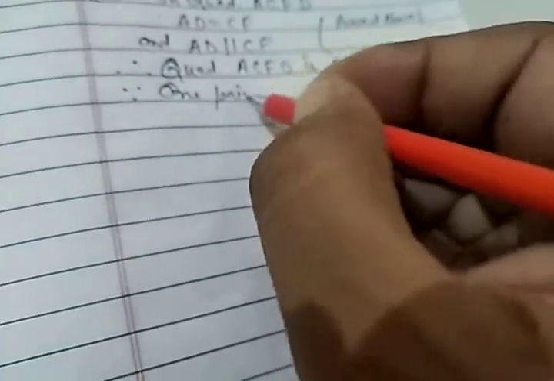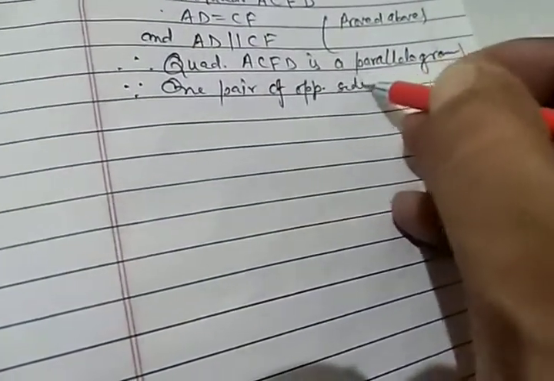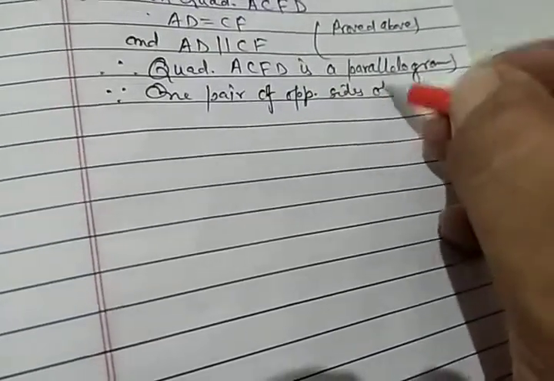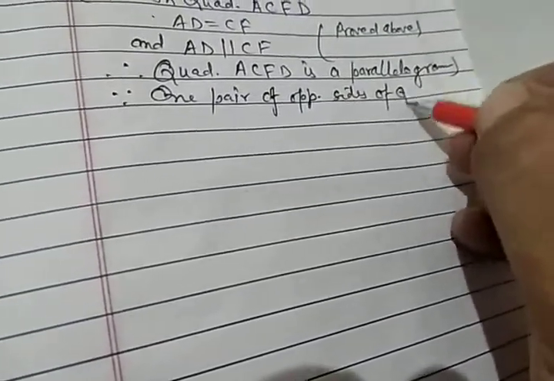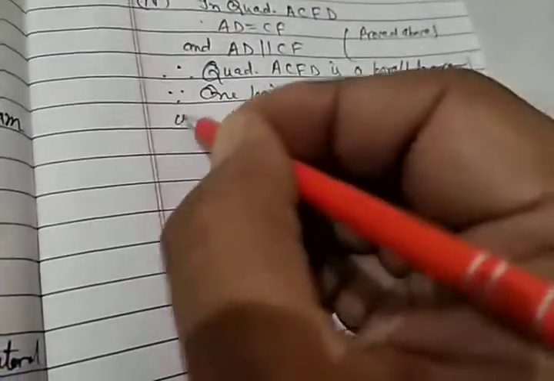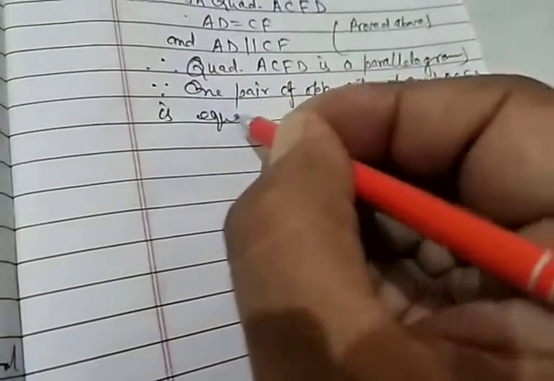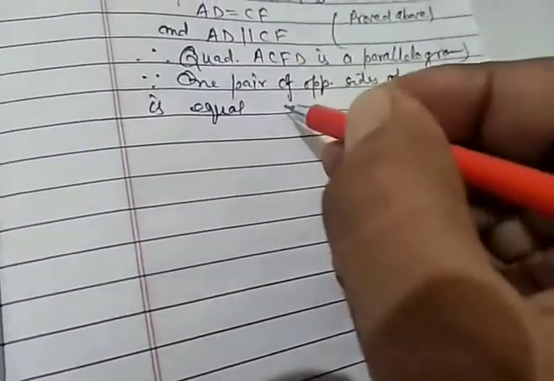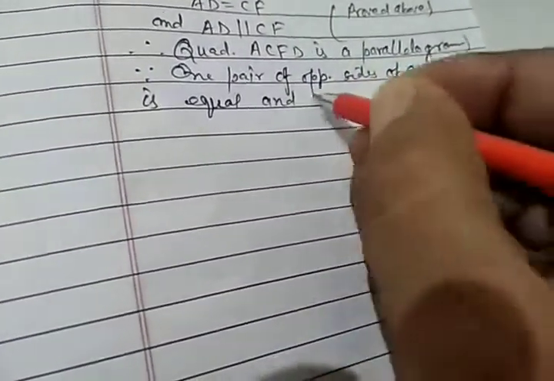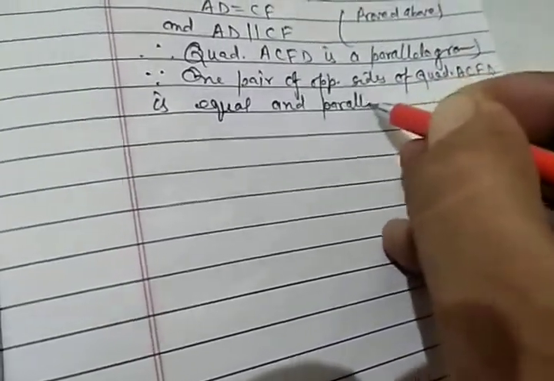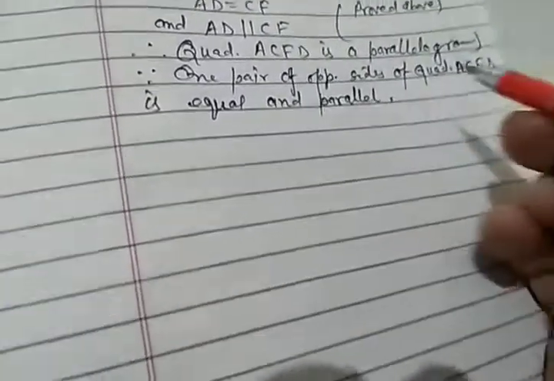Since one pair of opposite sides of quadrilateral ACFD is equal and parallel, so it is a parallelogram.